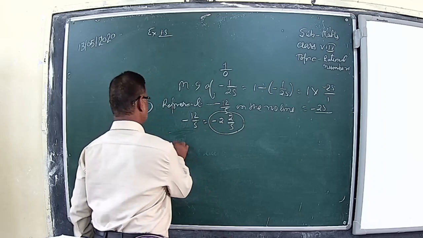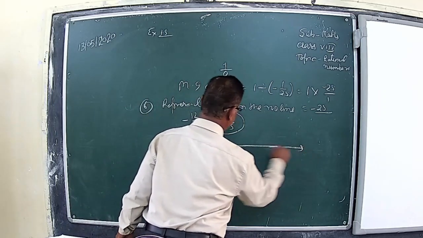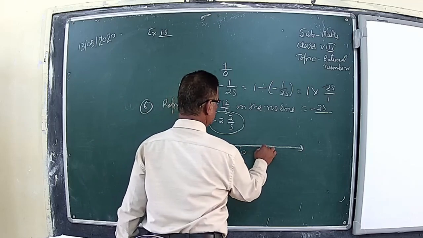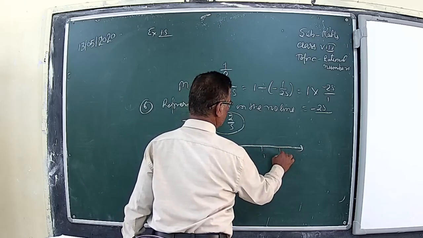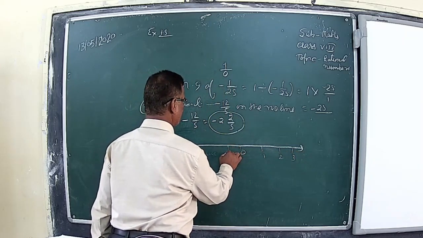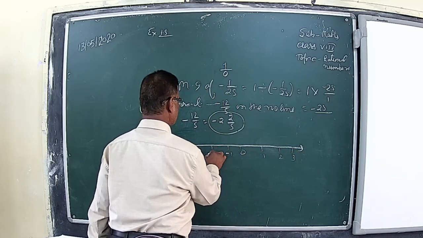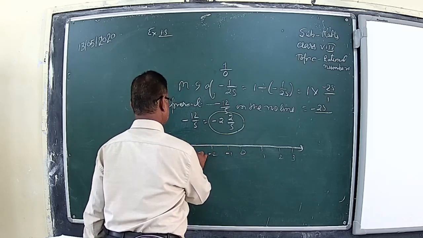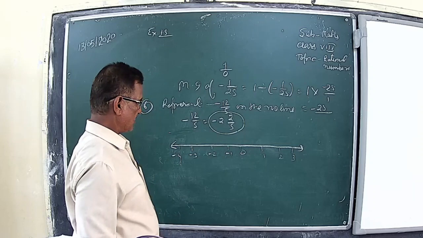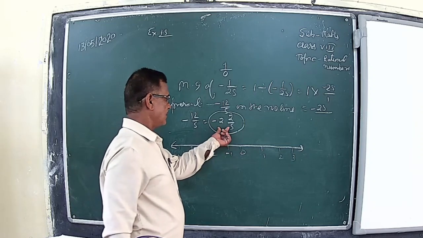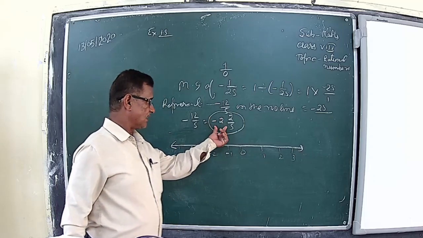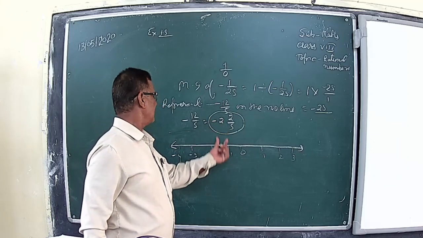Now draw the number line. In the middle 0, on the right side positive numbers 1, 2, 3 at equal distance, on the left side minus 1, minus 2, minus 3, minus 4, etc. See, this number is greater than minus 3 and less than minus 2.